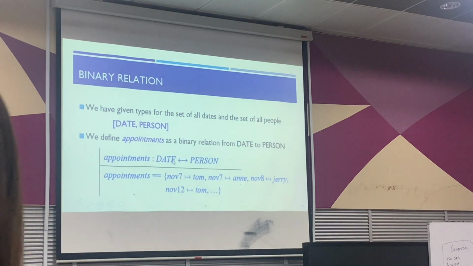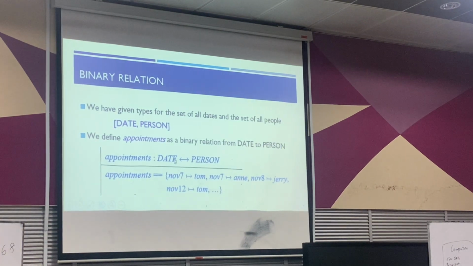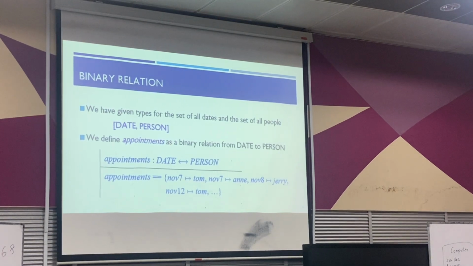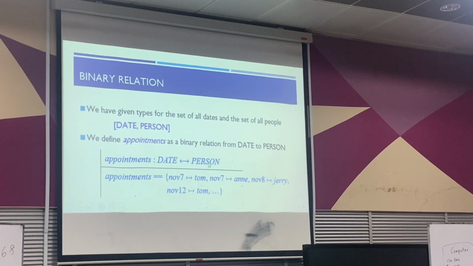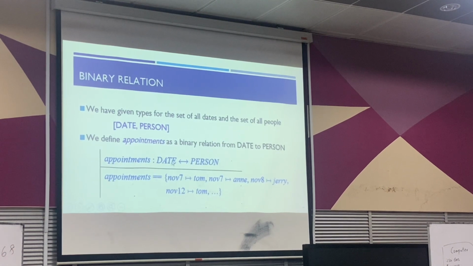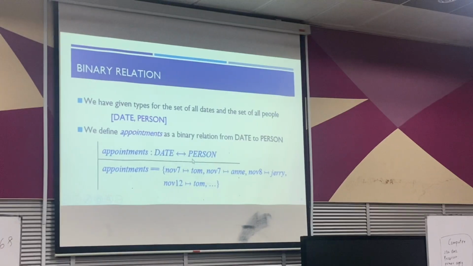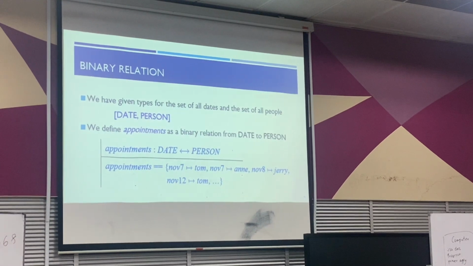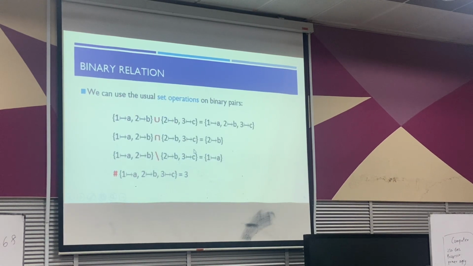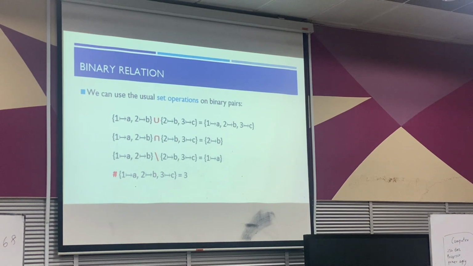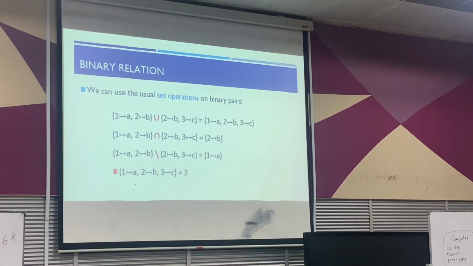One date can have many people making appointments on the same date, and one person can make more than one appointment. If you have that, then you use a many to many relationship. So this is what you have to remember about many to many. So you have declared your variable as a relation, a many to many relationship.